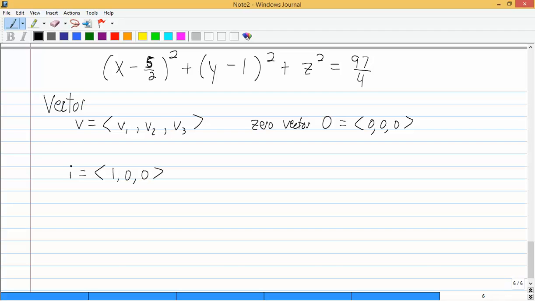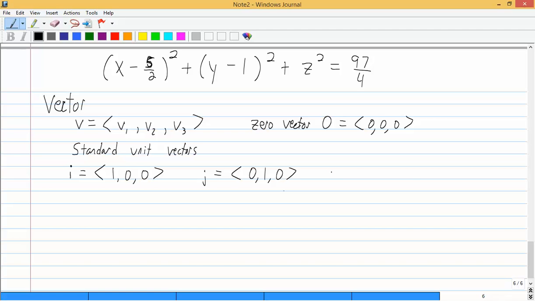That's in 3 dimensions. These are standard unit vectors. Okay, what would j be equal to? 0, 1, 0. All right, very good.